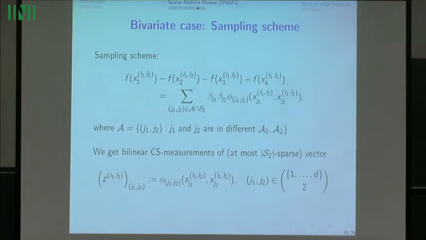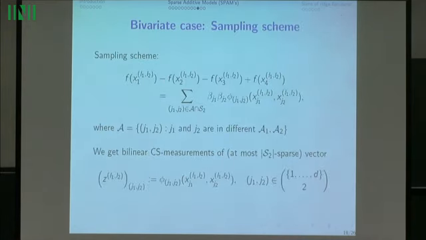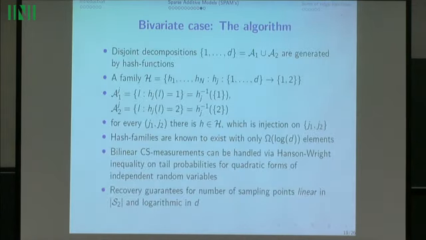This makes things a bit more technical, but there is a theory in compressed sensing also for these kinds of measurements. So we essentially reuse them with the Hanson-Wright inequality. It's indeed possible to recover such a sparse vector by log D times something of measurements.